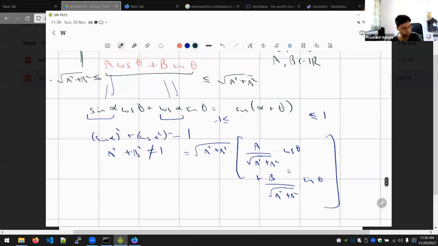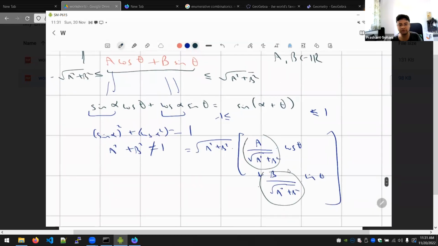Now, these two coefficients are such that this square plus this square is equal to 1. Therefore, by applying the inverse trigonometric functions, you can see that there exists some angle alpha such that sin of alpha is the first term and cos of alpha is the second term.